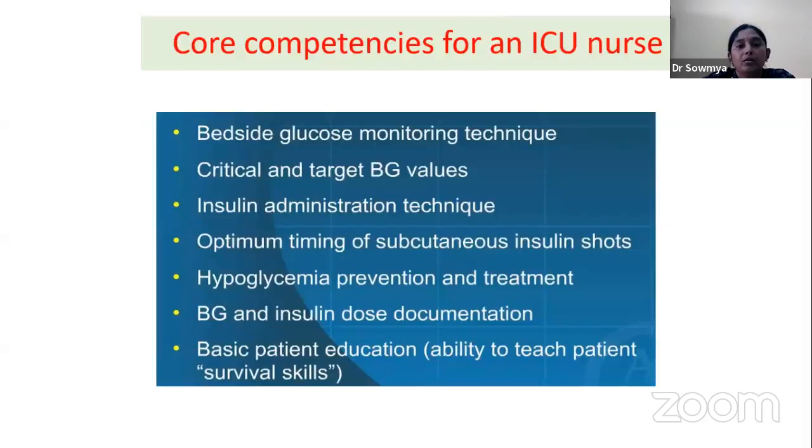So what are the core competencies of an ICU nurse? Bedside glucose monitoring technique, as we have mentioned. What are the target blood glucose values? What are the critical values, that is, what is the hypoglycemic value? How should we administer insulin? What is the optimum timing of subcutaneous insulin slots? With hypoglycemia, what do I have to do immediately? What are the symptoms of hypoglycemia?